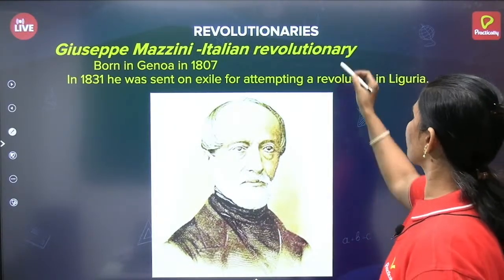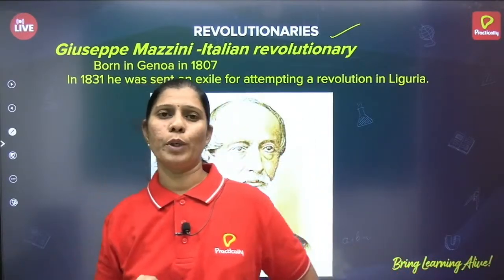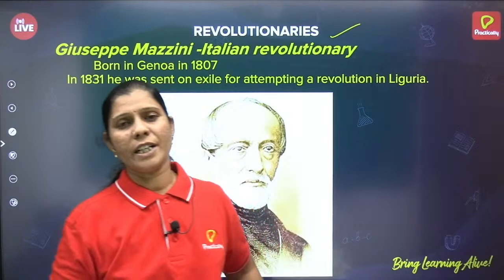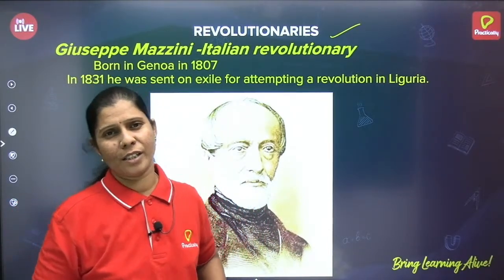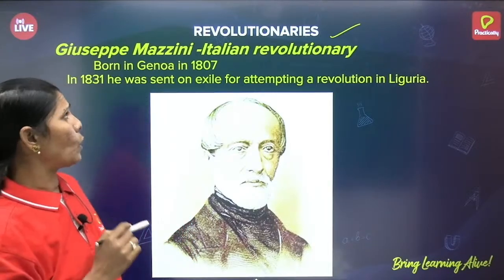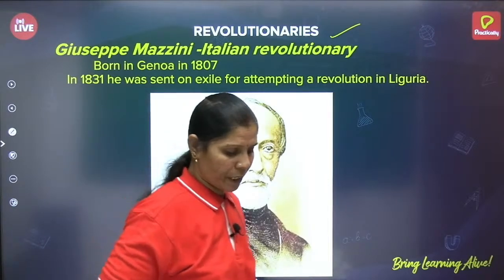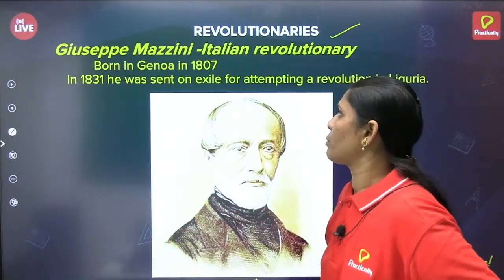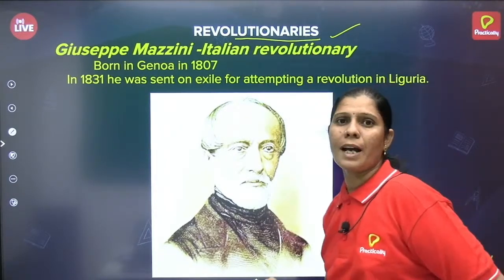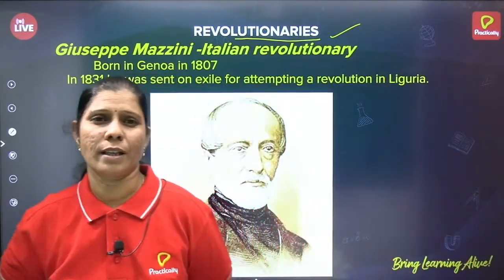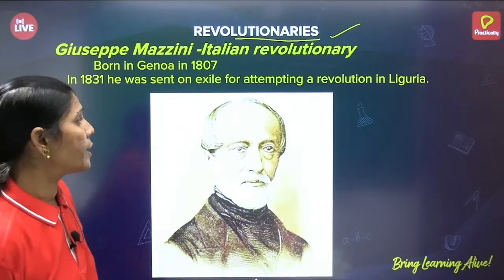So this is about after the defeat of Napoleon, children. After Napoleon's defeat, what were the situations in Europe? During this course of time, in the beginning of the 19th century, revolutionaries were also increasing. The people started mass agitations and mass movements, and revolutionary activities spread to different countries.